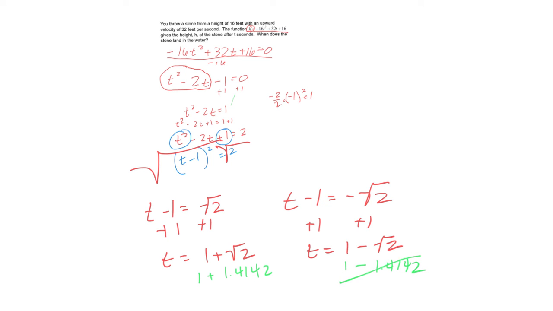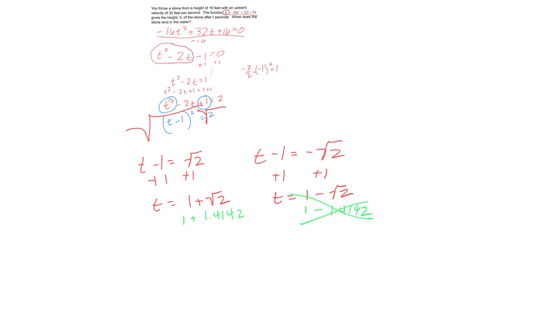Okay, this one I know ends up as a negative, so I'm not even worrying about it because we can't have a negative time. That would be like when you first threw it, I guess. Well, that is for where you first threw it, but it's not 0 because you're at 30. Anyway, 1 plus 1.4142 is 2.4142, goes on forever. I'm going to round to my nearest tenth, so 2.4 is approximately t.